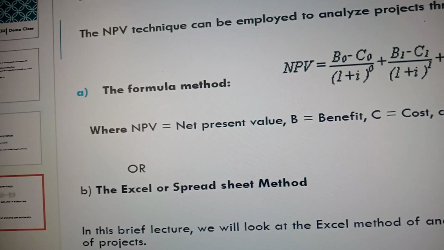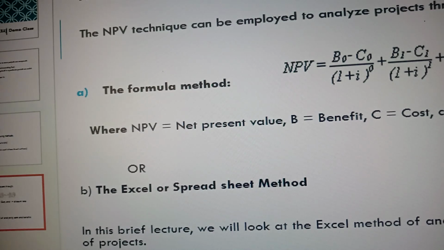With this long formula, it is assumed that costs and benefits are incurred and recognized in a number of periods, more than 1 year: 2 years, 3 years, up to 5 years.